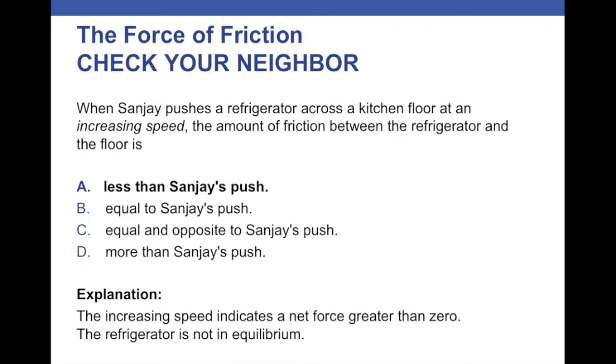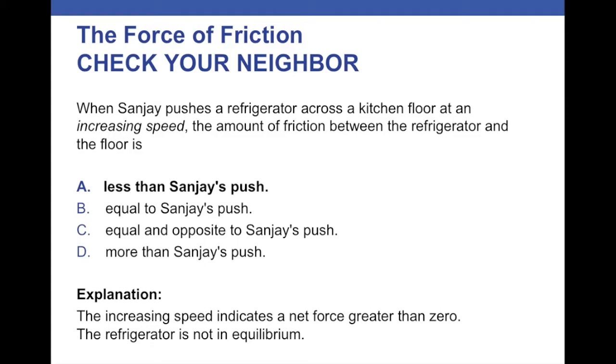For B, equal to Sanjay's push, that one is actually sort of correct as well, because since you're pushing in the same direction, it would also be accelerating. So this is kind of a tricky question. B could have worked as well, but definitely not C, because if you had equal and opposite, then the refrigerator is not accelerating. It's going to be moving at a steady speed.